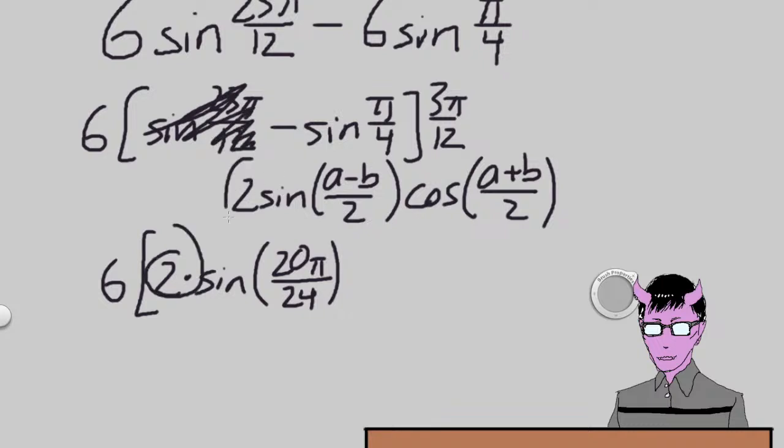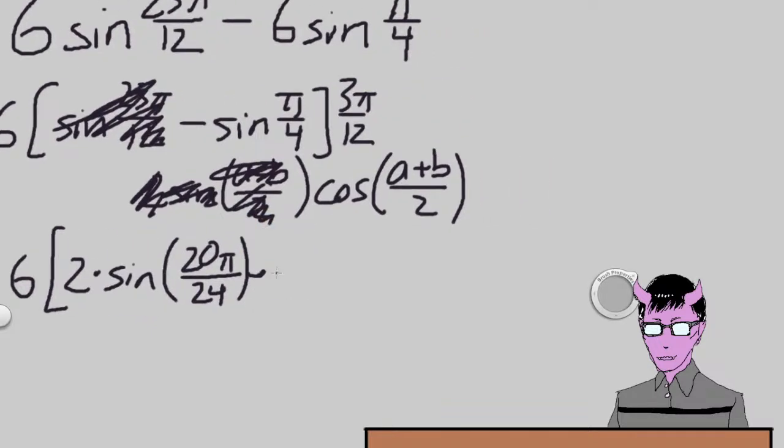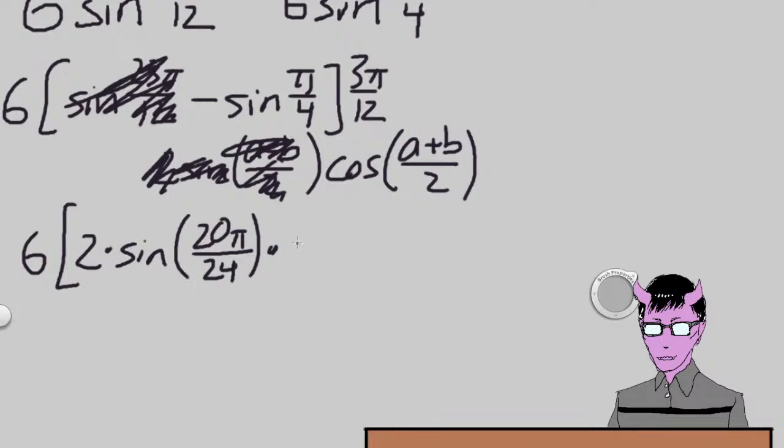So that's done. This is done. And then we just did the 2 to the 12. So that one's done. Alright. Times, following the algorithm, cosine of a plus b. So it's 23 plus 3 is 26.